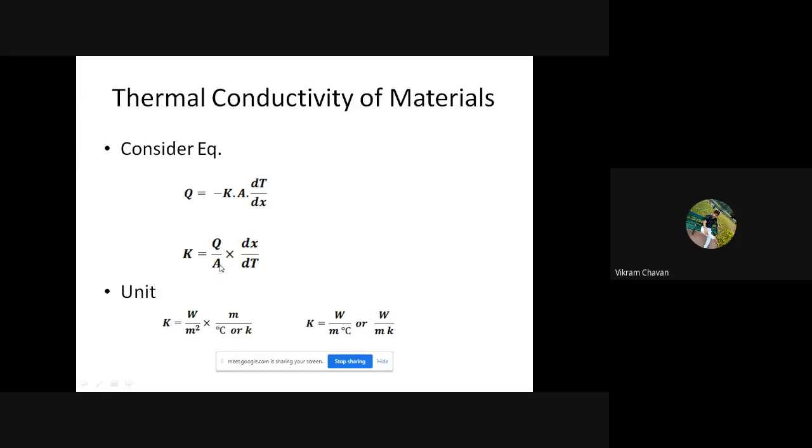Area unit is meter square, multiplied by dx, which is change in length, so length unit is meter, and dt, that is change in temperature, its unit will be degree celsius, or we can consider degree kelvin also. So both the units are satisfying for this particular k terminology.